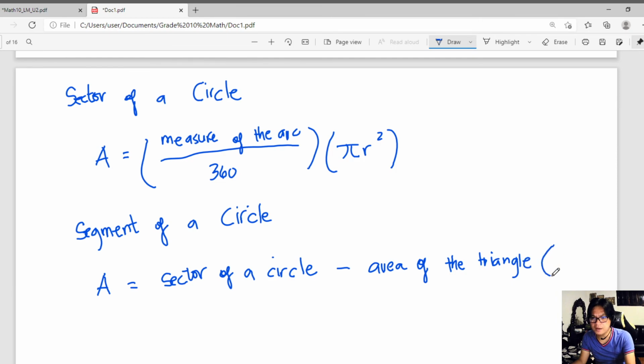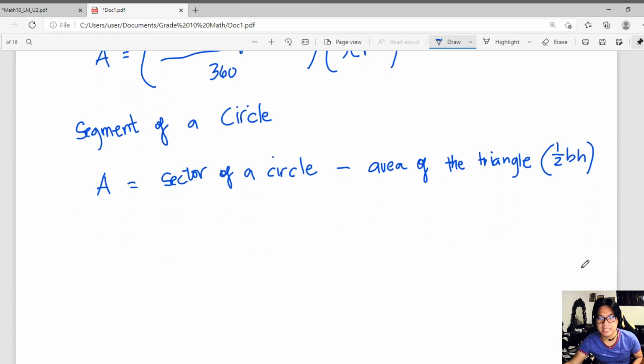The area of the triangle is 1/2 base times height.